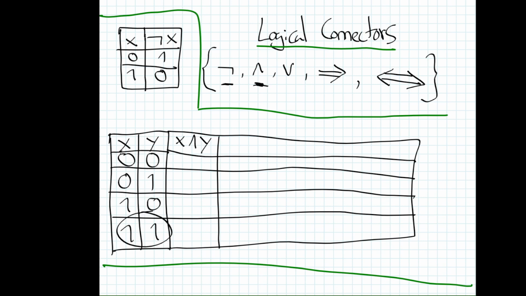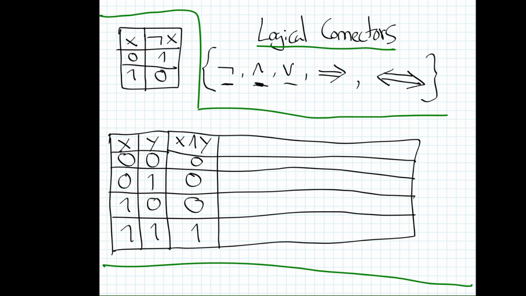That is the only case when the conjunction of these two variables can be 1. Otherwise, if they're not both positive or 1 or true, then they are 0. They are false. The conjunction requires both of them to be 1 or true in order to return a true statement, 1.